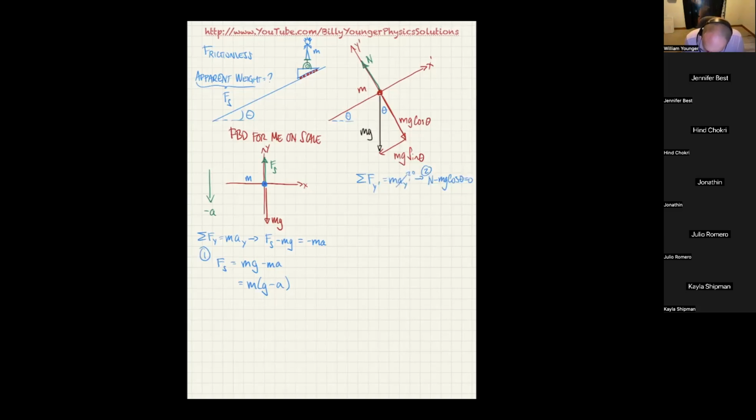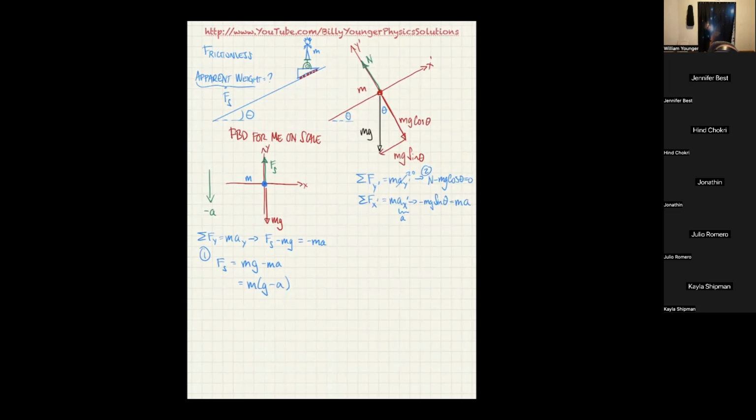Now I'm going to do the summation of the forces in the x prime direction is equal to mass times acceleration in the x prime direction, which is really the only acceleration. So I'm just going to call that a. Now, in this case, what I get is negative mg sine theta is equal to m times a.